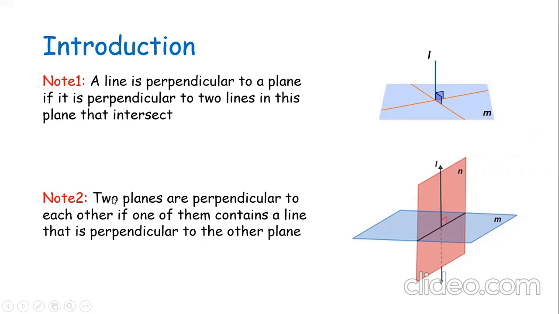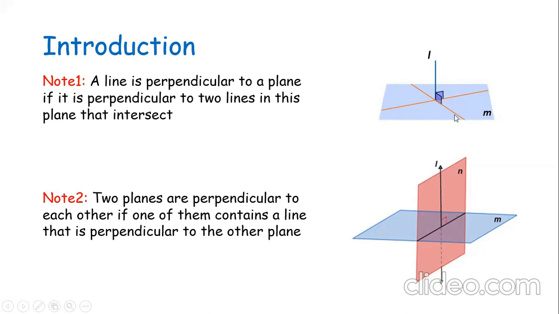Note 2, two planes are perpendicular to each other if one of them contains a line that is perpendicular to the other plane. So here we have the line L is perpendicular to the plane M as we have just seen here.